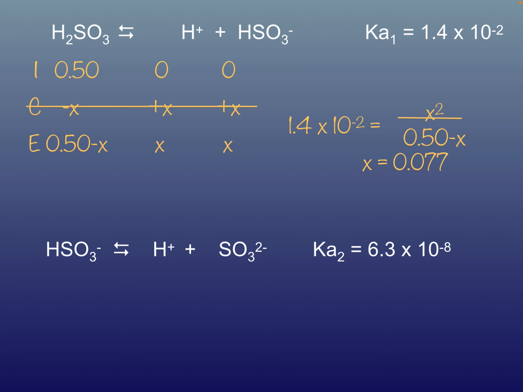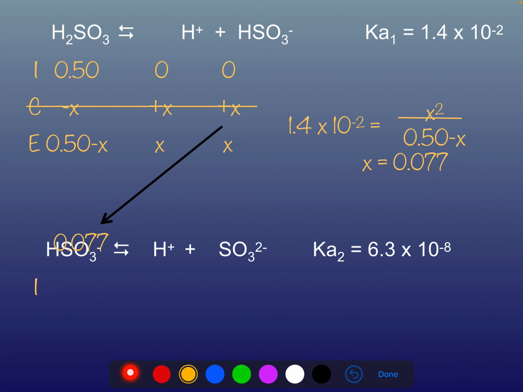Well, then our product ions also show up in the second reaction. So the second reaction had the hydrogen sulfate ion and the hydrogen ions along with the sulfate ions. So for our second step, sorry, it is not aligning. Our hydrogen sulfate and our hydrogen ions are already present initially, and we have none of the sulfate to begin with.